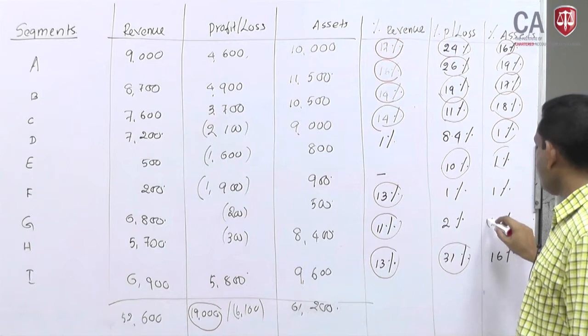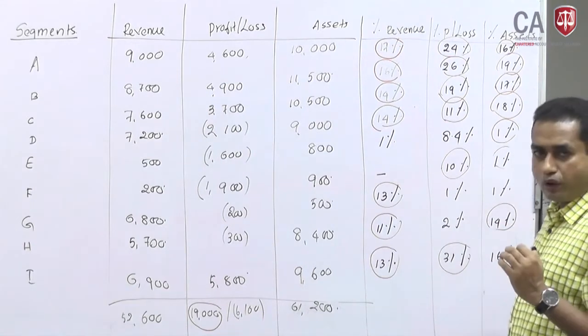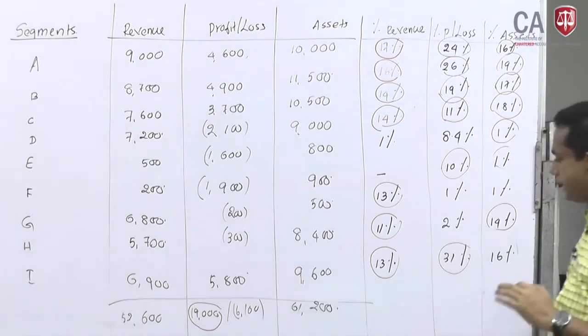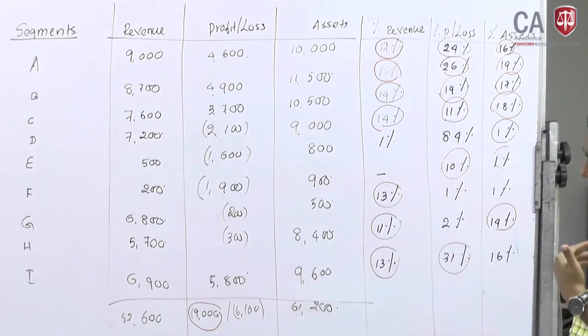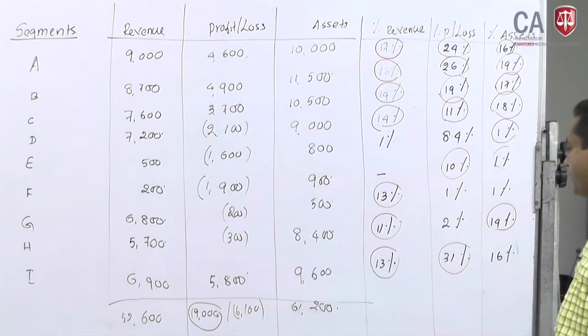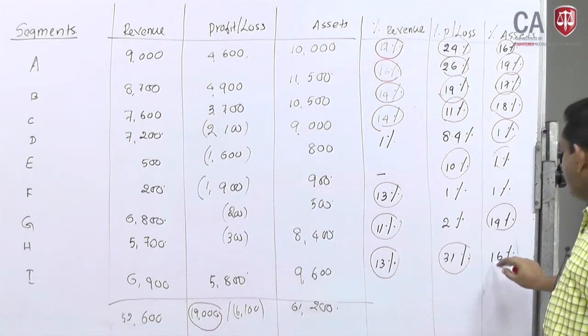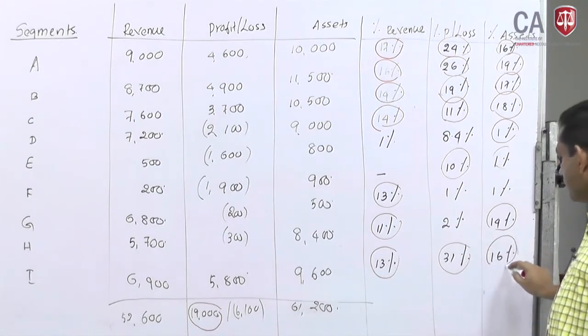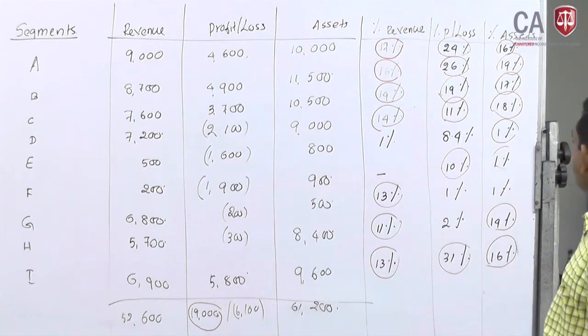H continues to be a reportable segment, it satisfies only 2, that is all right, a particular operating segment need not satisfy all the quantitative thresholds. I continues to be a reportable segment.